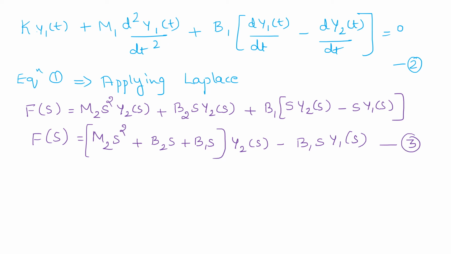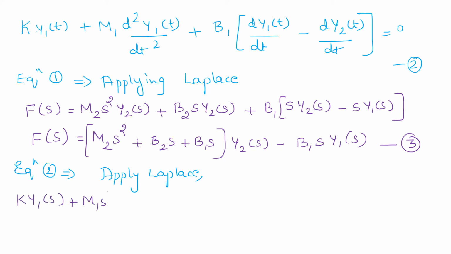Okay. Next, from equation 2, if we apply Laplace, we get k into Y1(s) plus m1 s square Y1(s) plus b1 into s into Y1(s) minus s into Y2(s) equal to 0.